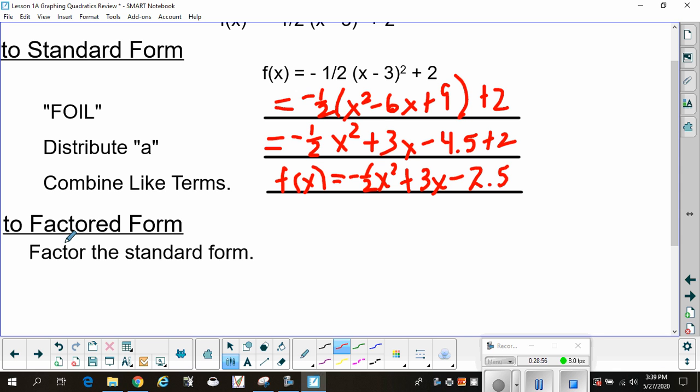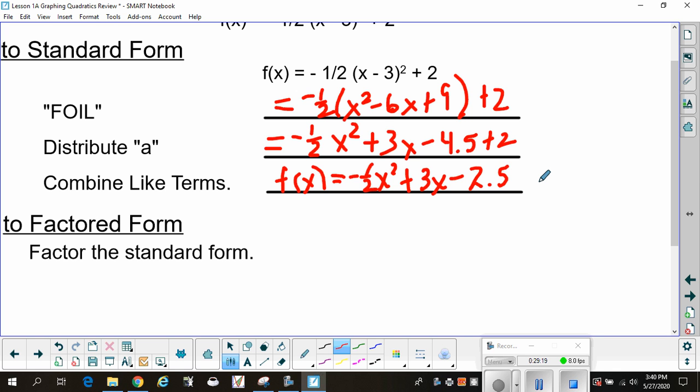Factored form, factor the standard form. Okay, this is going to be a little bit ugly because we have fractions and stuff, and I will tell you that I'm not ever going to ask you to factor this for me.